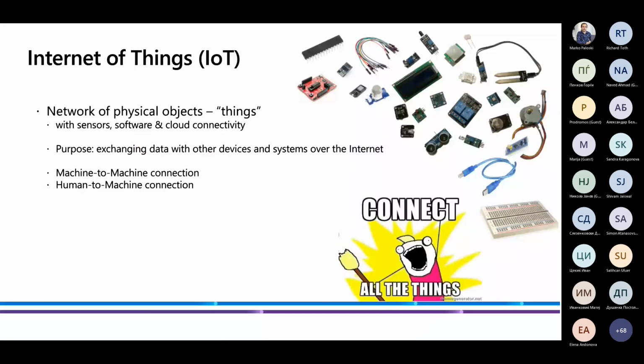So let's get started. First of all, Internet of Things is the communication network of many devices, as well as any object that incorporates electronic means, software, sensors, and network connectivity to allow data, connection, and exchange.